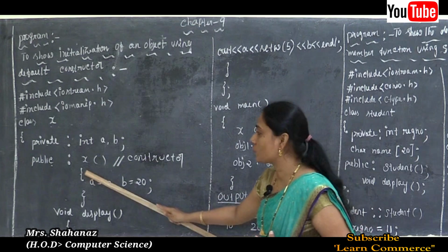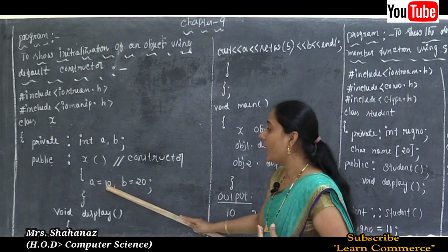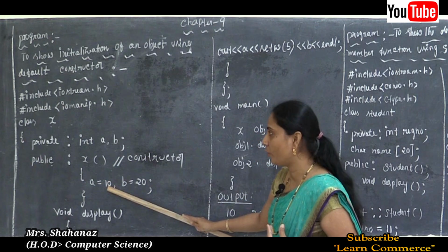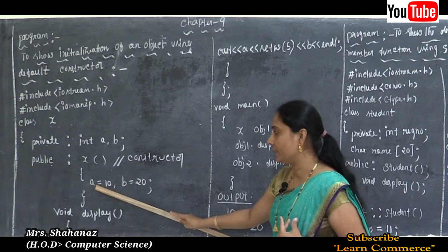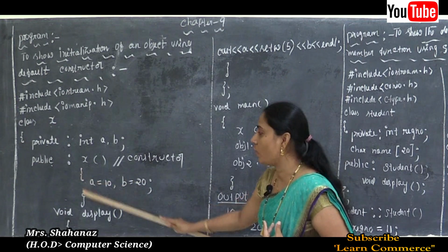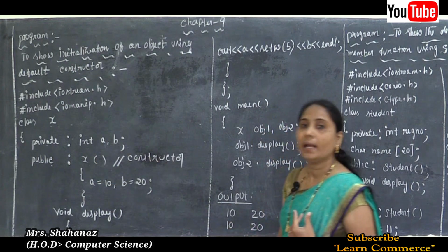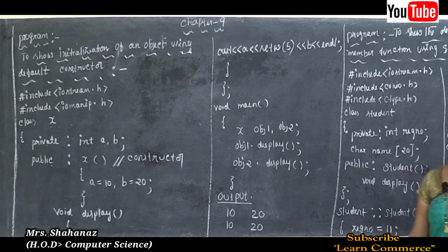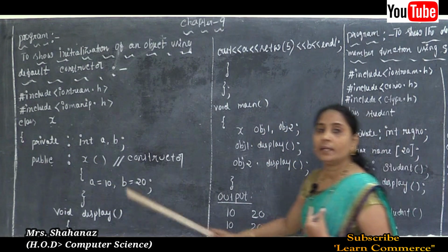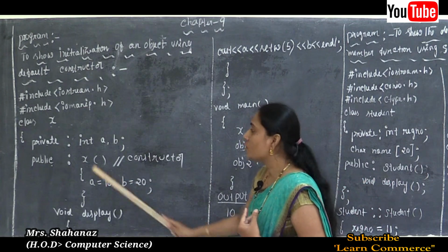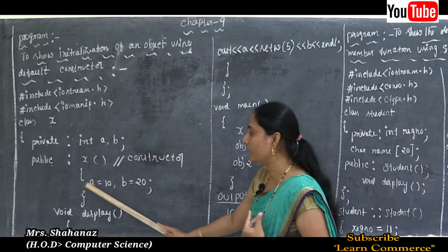Next, open the curly bracket, and I initialize the values of a and b as 10 and 20, and close the curly bracket. Why? Because the constructor is used to initialize values to the data members of the class, which are a and b.